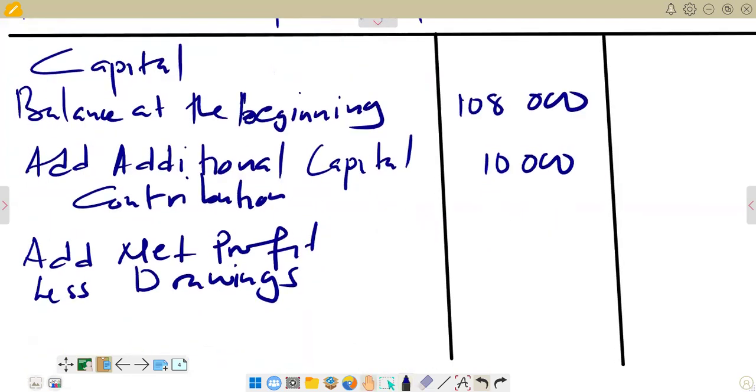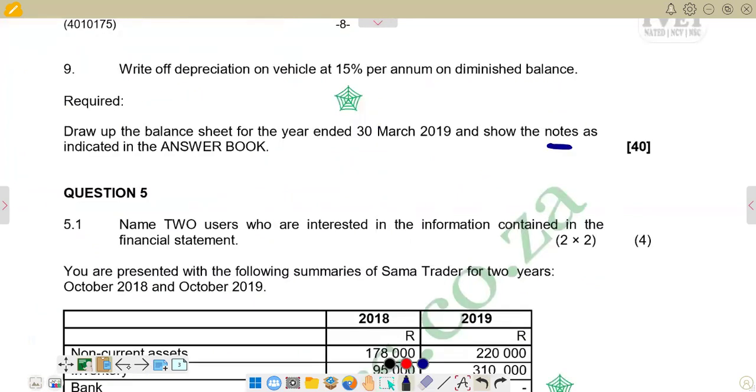So drawings, we got it as 15,680. So we have drawings, we are subtracting. And then the figure for net profit, we are going to check it again in the question.